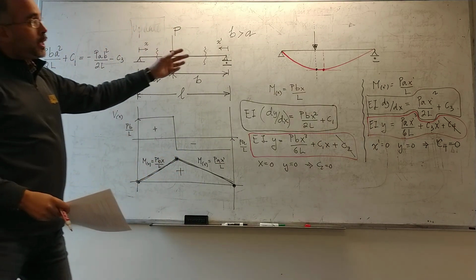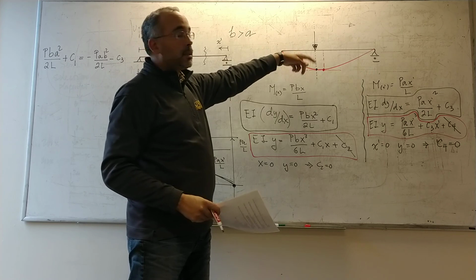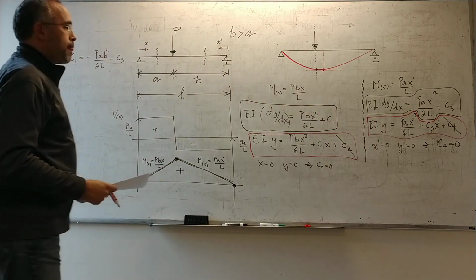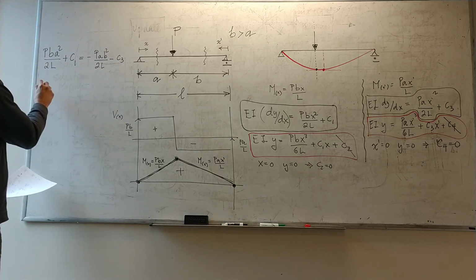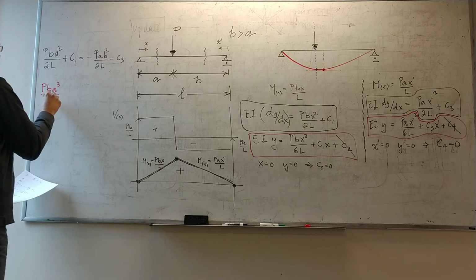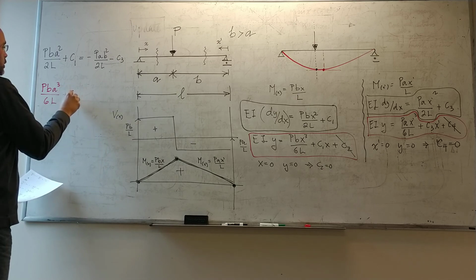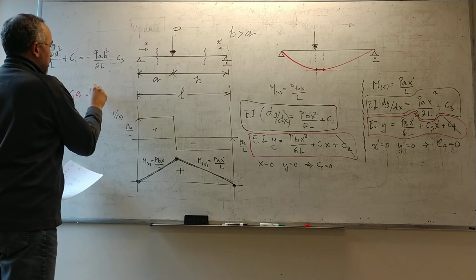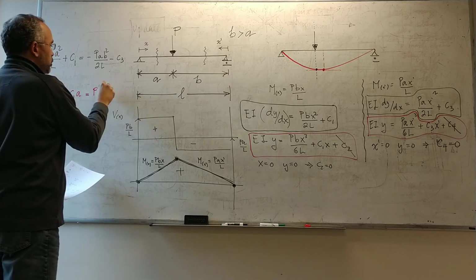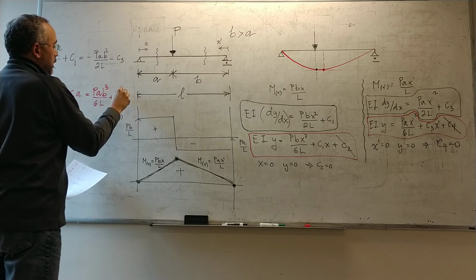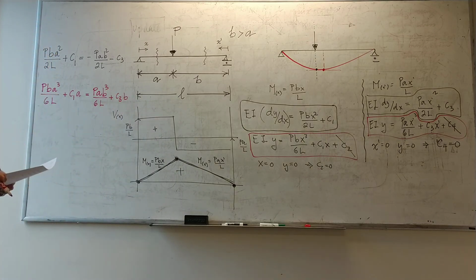In this case, we don't have to change the sign because in both cases the deflection is downward, obviously. So we're going to have this other equation which says that P B A cubed divided by 6L plus C1 times A equals P A B cubed over 6L plus C3 times B. Okay?